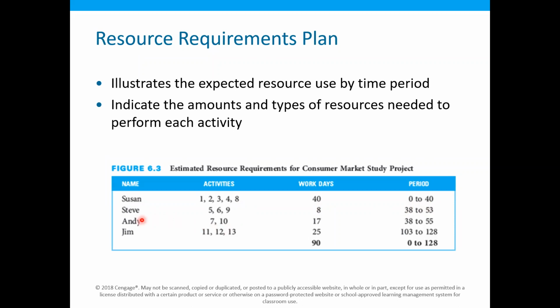Similarly, the resource requirements plan for the other 3 resources has been given here. As we can see, although the project is going to take 128 days, these 4 resources together are needed for an overall duration of 90 days. Which means that not every resource is 100% assigned on the project.